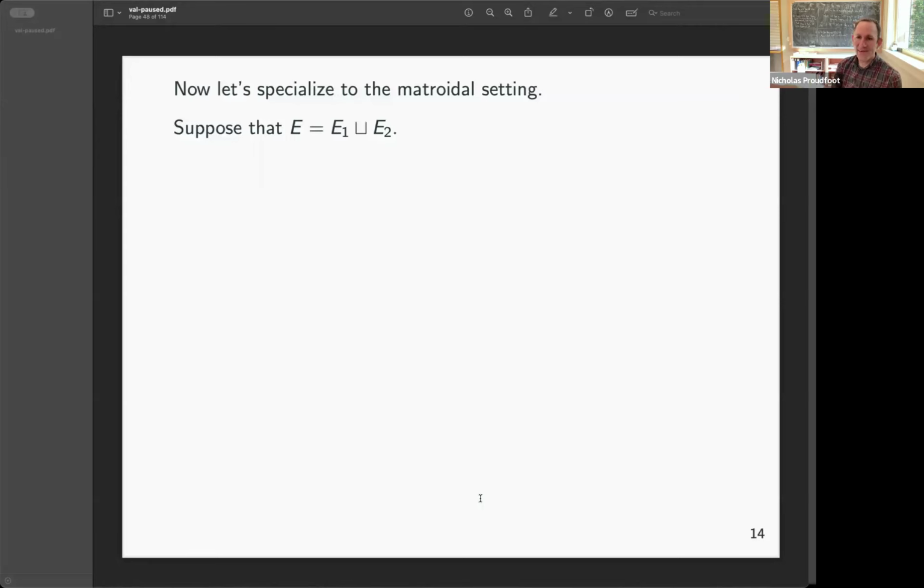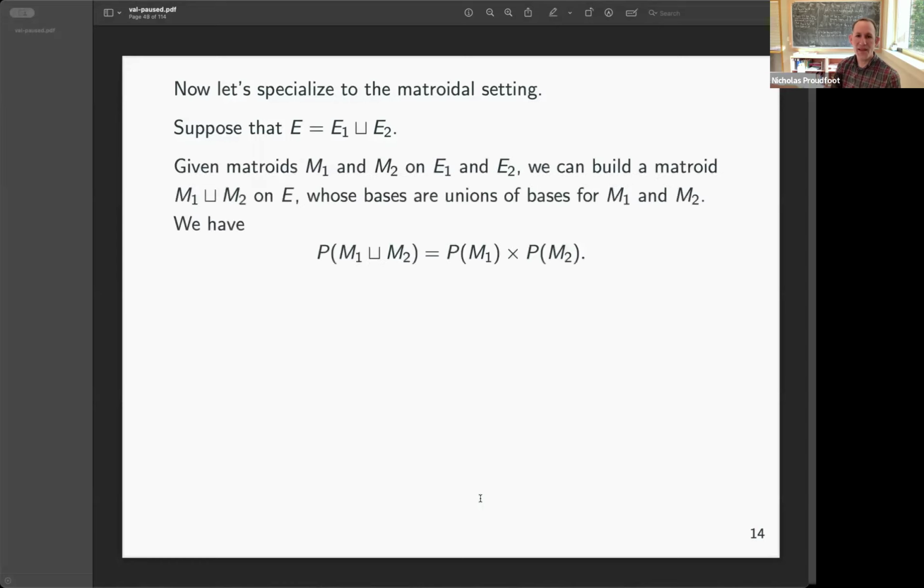Okay, now I want to look at McMullen's theorem and specialize it in the matroidal setting. Suppose I have a ground set E that's the disjoint union of two parts, E1 and E2. If I have a matroid M1 on E1 and a matroid M2 on E2, I can build a matroid on E. Sometimes this is called the direct sum, but I'm going to use direct sum for something else later, so I'm going to call it the disjoint union.